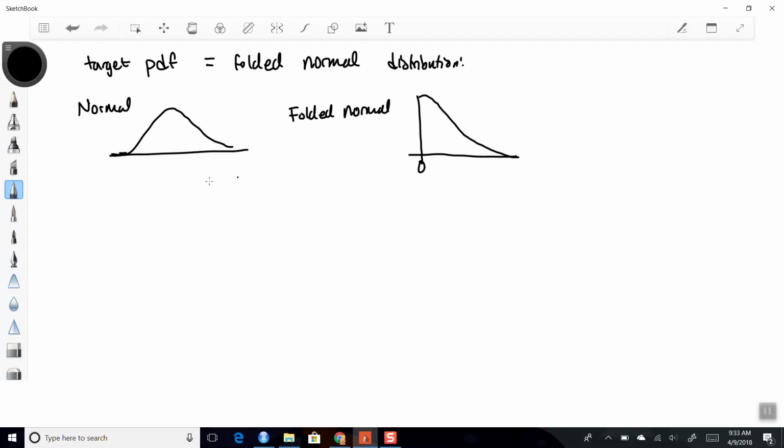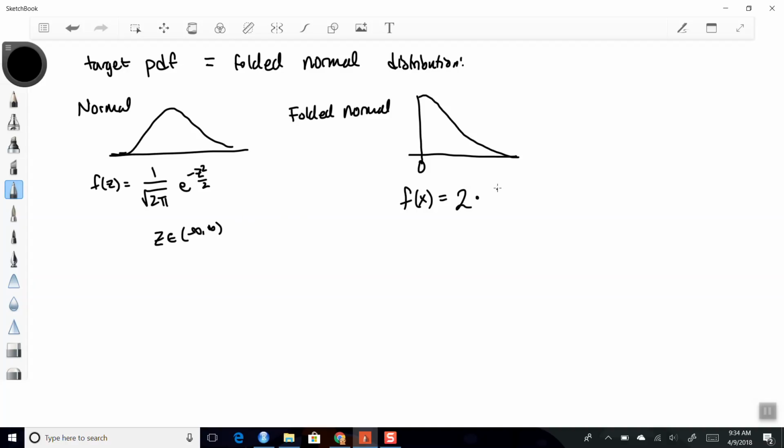Okay, so this normal has PDF f of z, which is going to be 1 over root 2 pi e to the negative z squared over 2. All right, and the folded normal we will say is f of x, and this is just going to be twice as tall because it covers half the space. So this is for z on negative infinity to infinity.